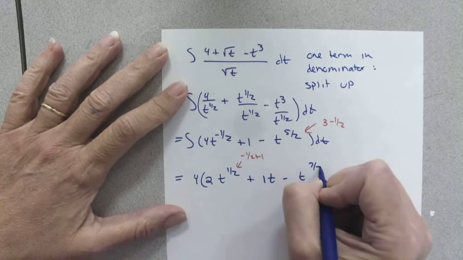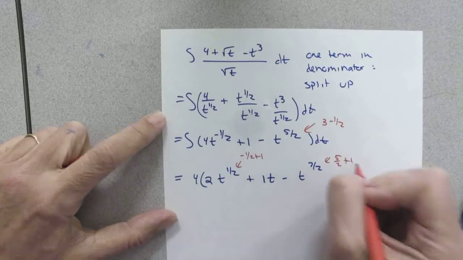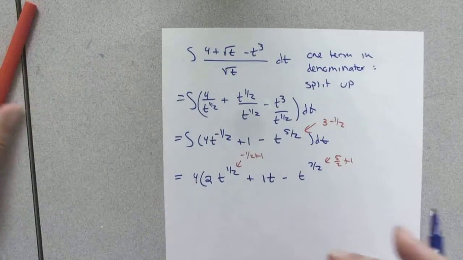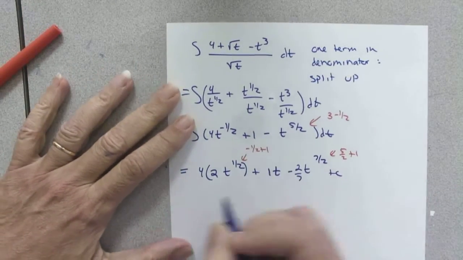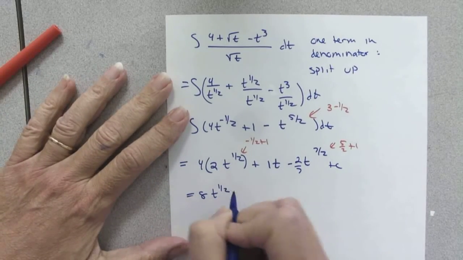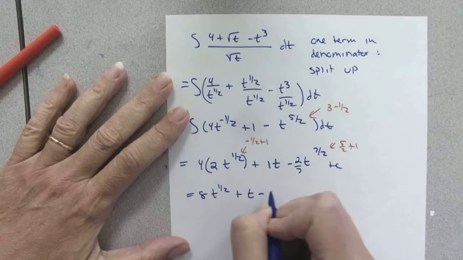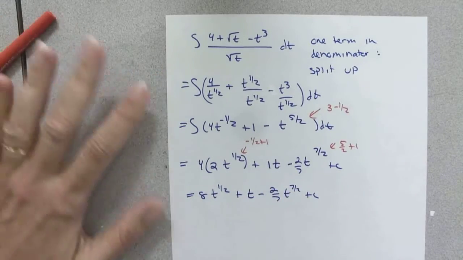Then increase the exponent by 1, multiply by the reciprocal of the new exponent, plus c, and let's make that look a little bit prettier: 8t to the 1/2 plus t minus 2/7 t to the 7/2 plus c.